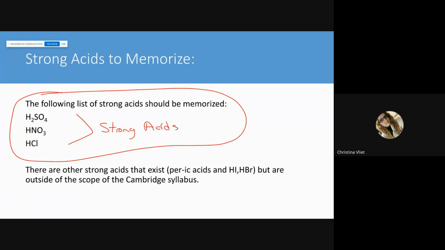Another famous one is salicylic acid, which you may not know what that is, but it's aspirin. If you've ever taken aspirin, you've had salicylic acid. And it's an acid, but again, it's not a strong acid. It's an organic acid that is helpful for pain.